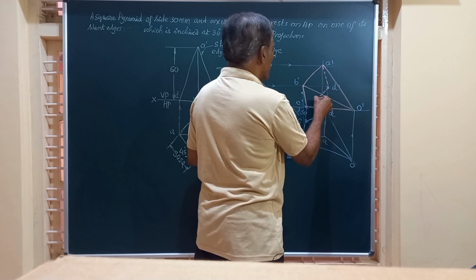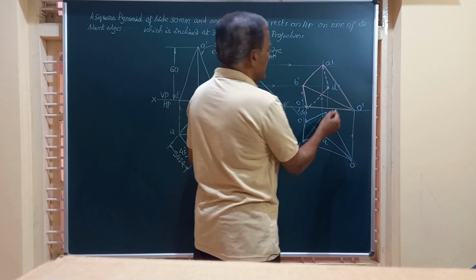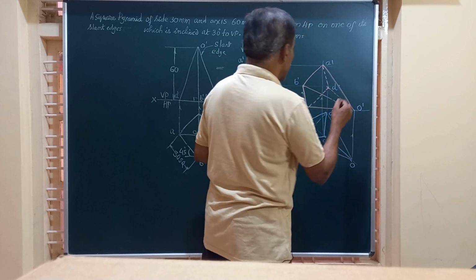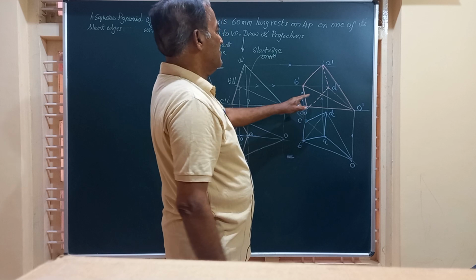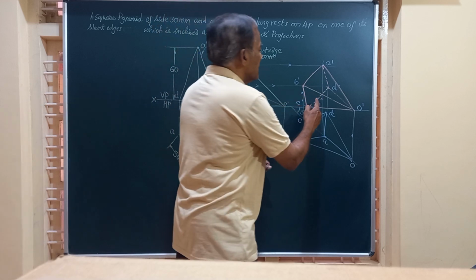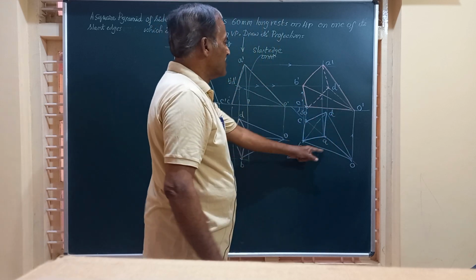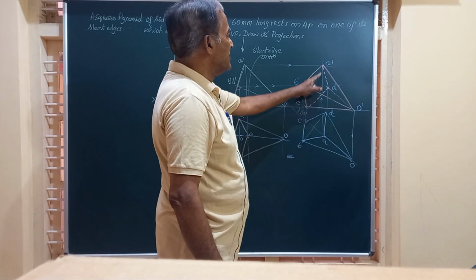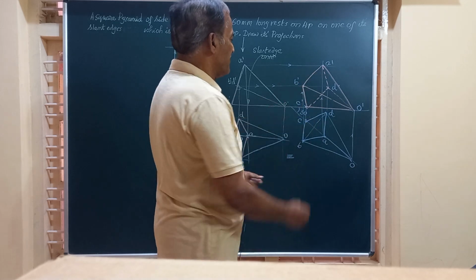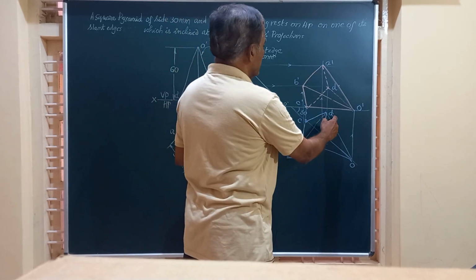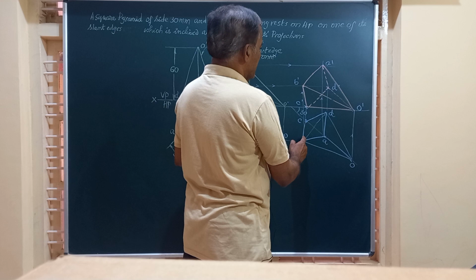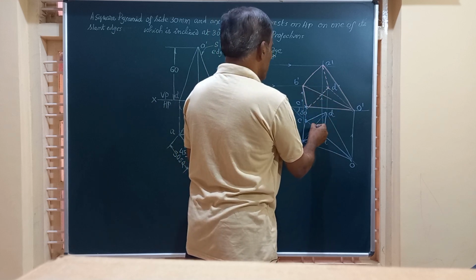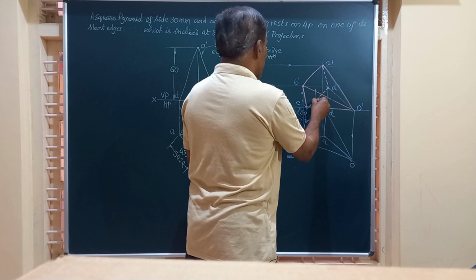Friends, here I am going to show this by a dotted line, and you can ask me why. Because whenever two lines intersect, if one of them is a full line, because OB is seen as a full line, and since these two edges are away from the observer, that is D and this point, they are not visible, and hence we are going to show this by a dotted line.